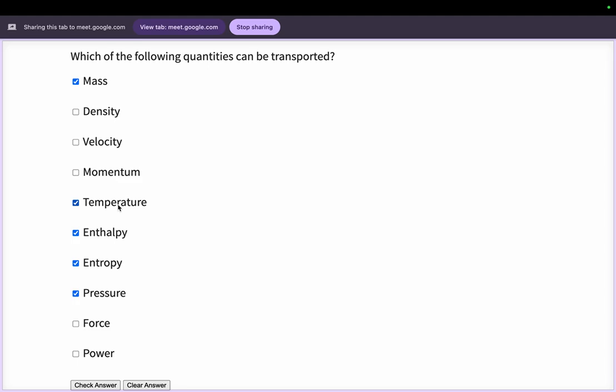Yeah. So temperature is something that is not being transported, right? It is the heat energy that is being transported. So temperature is not transported. So is the pressure transported?